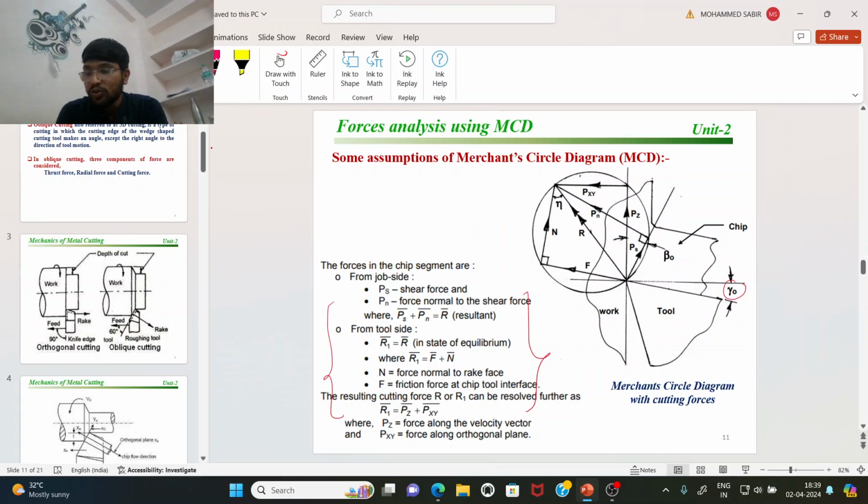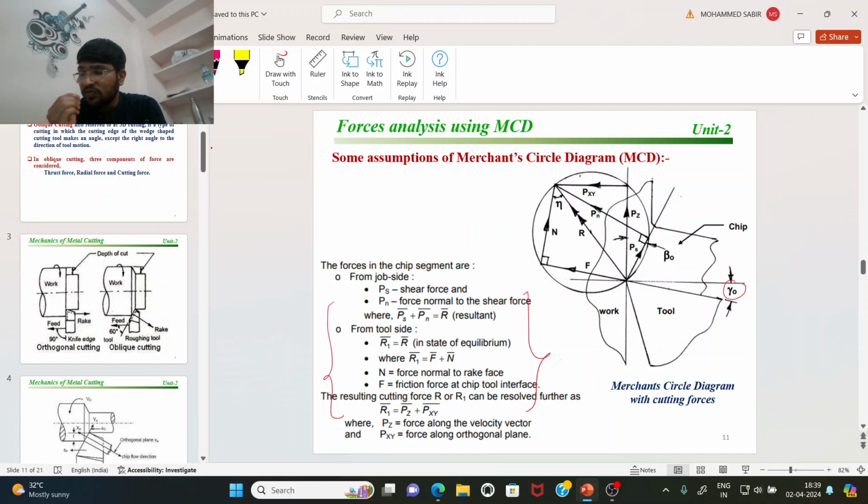So you can also say that whatever power we deliver to the chip is distributed over two sections. One is for shearing, another is for heat generation.